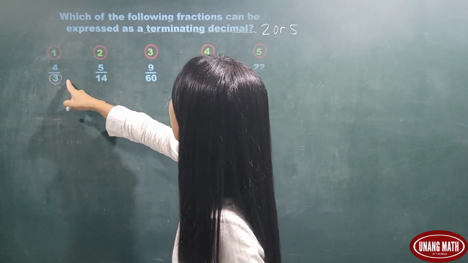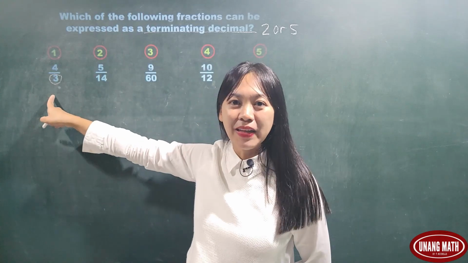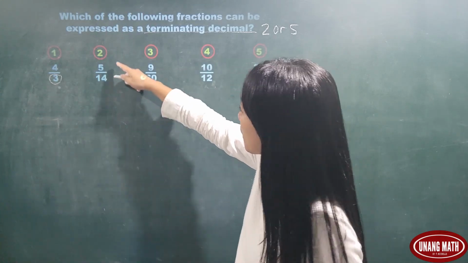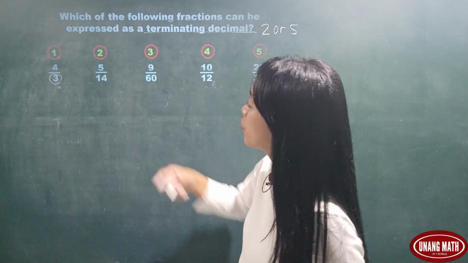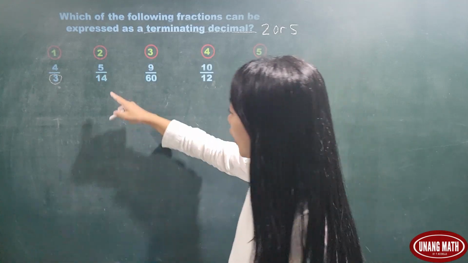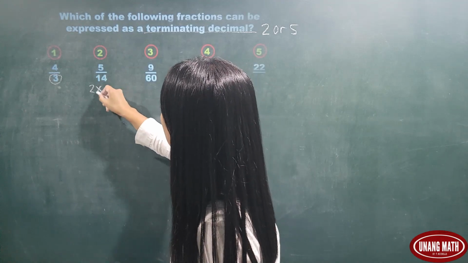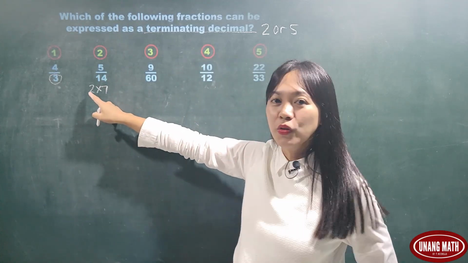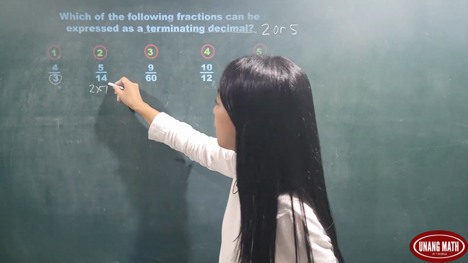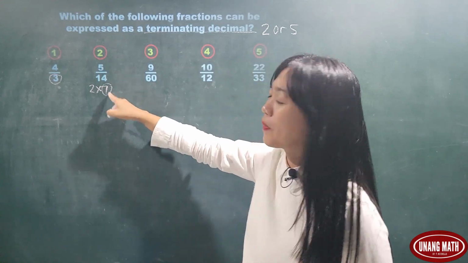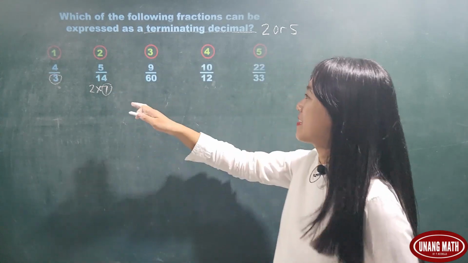So this is a repeating decimal. What about number 2? 5 over 14. The prime factorization of 14 is 2 times 7. We have 7 here, so this is also a repeating decimal.